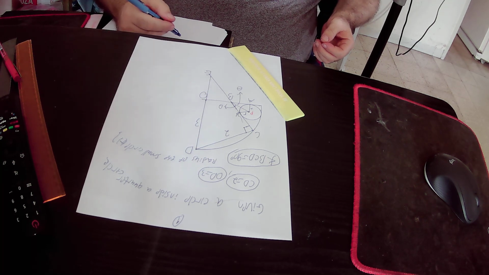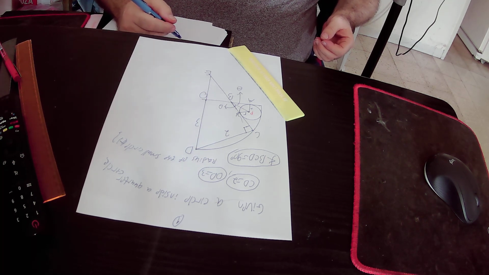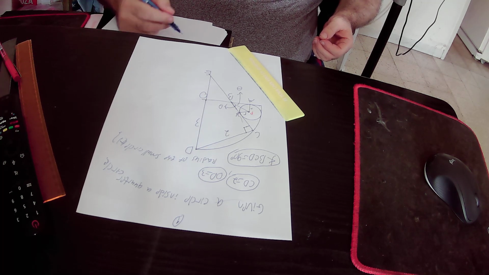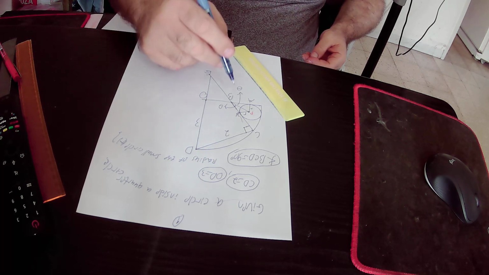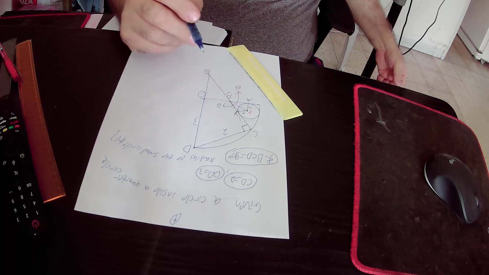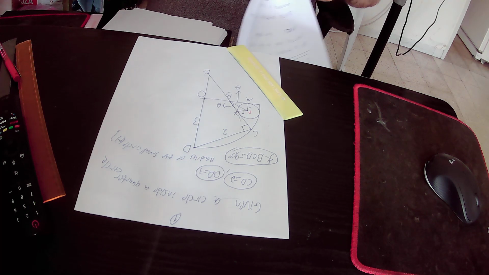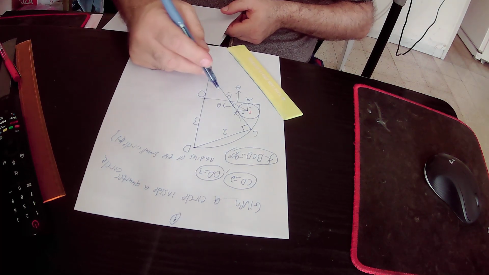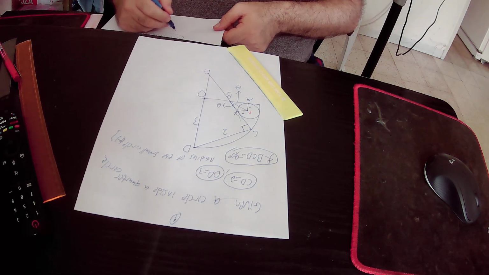And actually angle ABC, which equals theta plus theta, actually equals 2 theta.